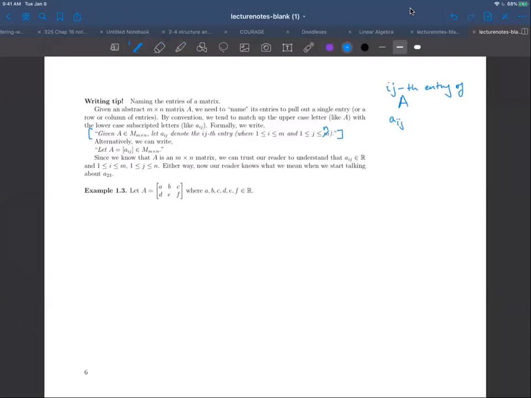Or if you want to be really concise, you can say, let A equal brackets Aij in R^(M by N). And this is very concise. The LaTeX for this thing, I have the word let out front, and then I have A equals bracket A sub curly braces ij, and my curly brace and my bracket, the little in symbol, and then R to the curly braces M times N, then dollar signs, which is the end of this thing called math mode.